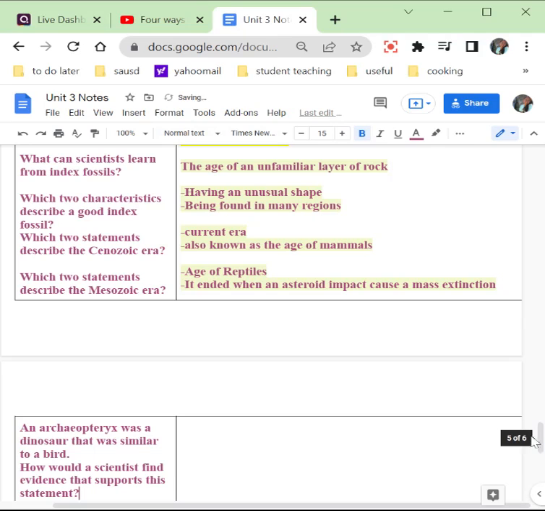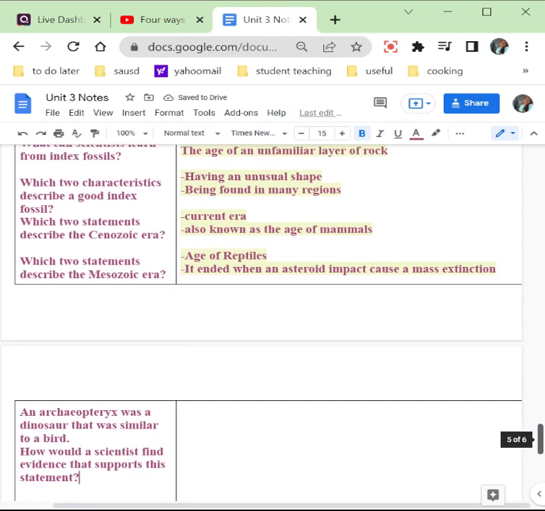So let's say, for example, the scientists found this dinosaur called Archaeopteryx, and they think it was similar to a bird. So, how would they support their statement? So, they made a hypothesis that this dinosaur is similar to a bird. So now they have to prove it.